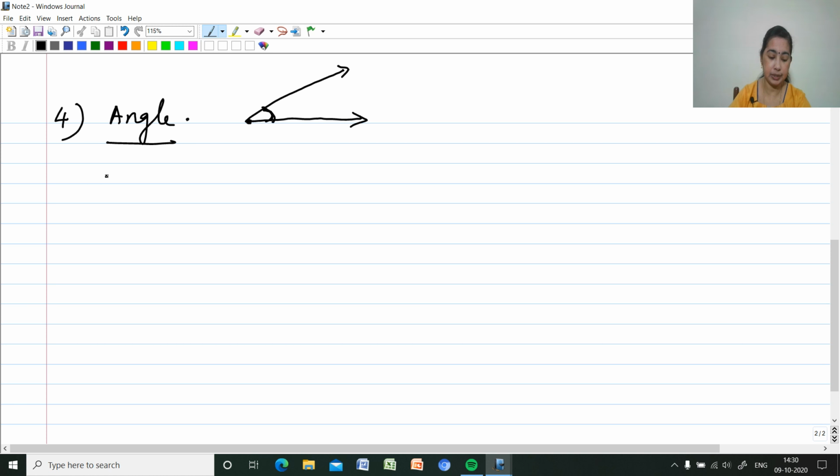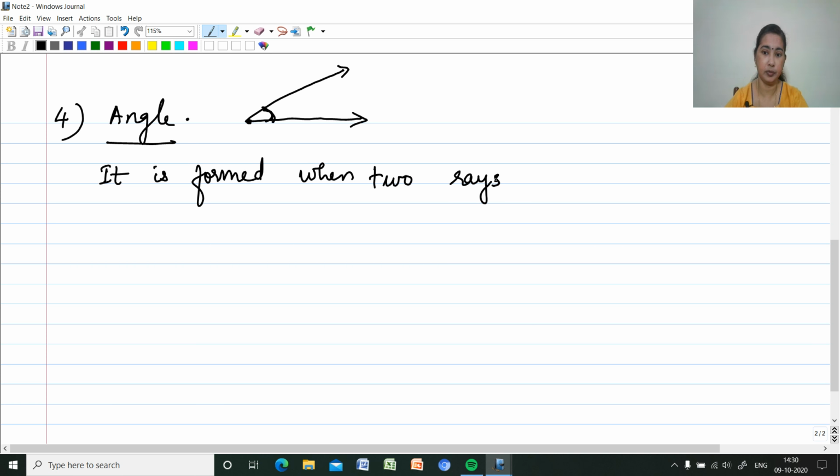So how to define an angle? An angle is formed when two rays originate from the same endpoint.